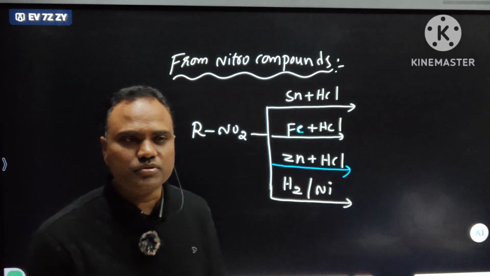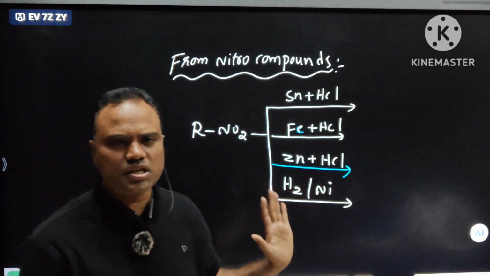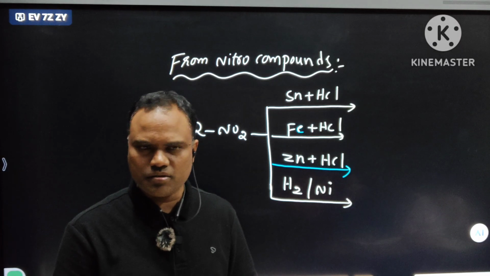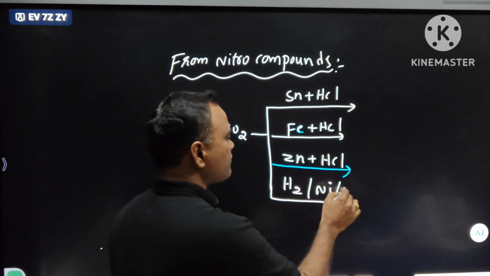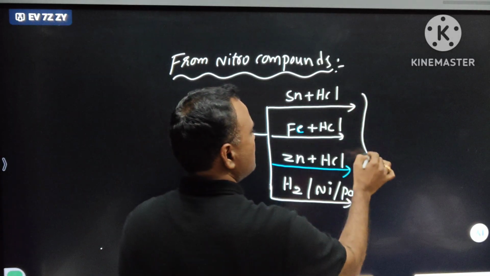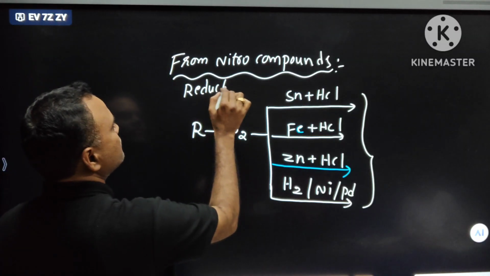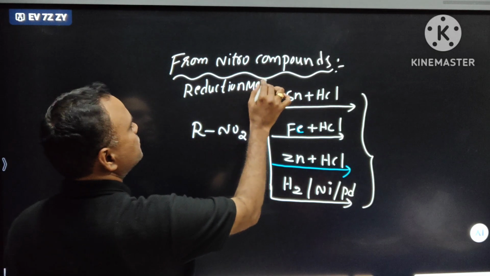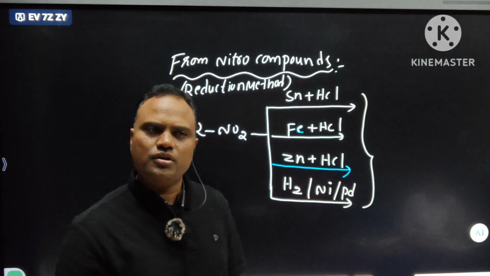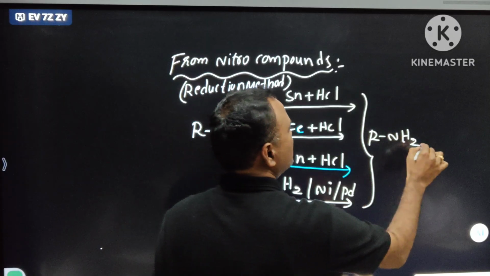See, from nitro compounds: metal plus acid is common. Iron, tin, zinc are the metals with acid. And H2 with nickel, palladium is catalytic hydrogenation. All these are reduction methods. You can write here reduction methods: removal of oxygen and addition of hydrogen, or NH2.